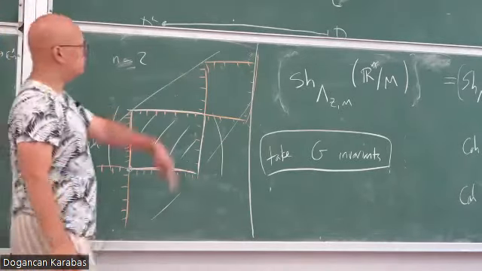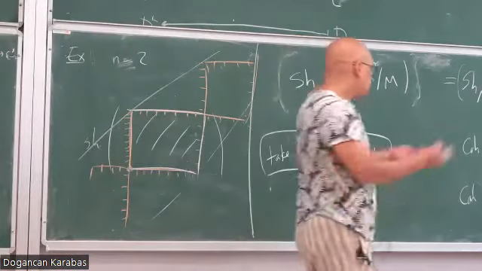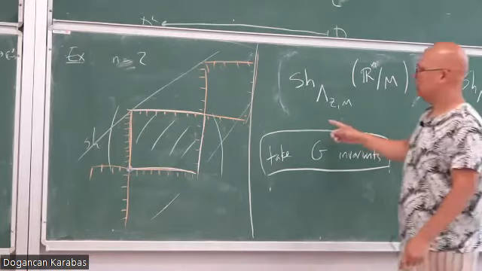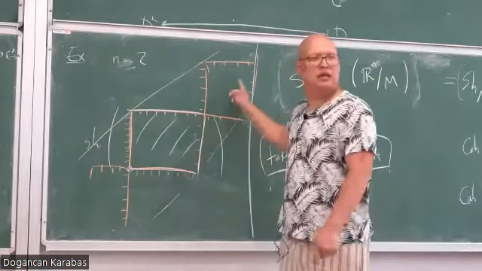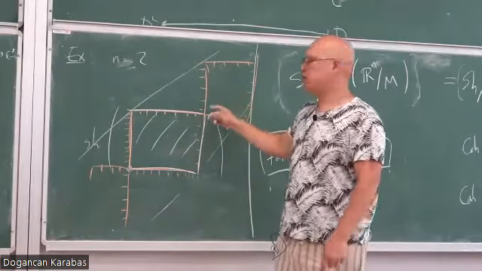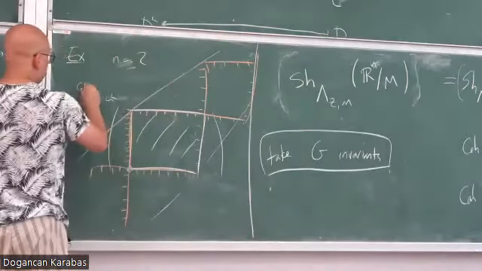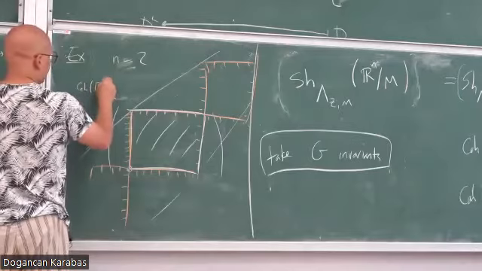And so what I've shown you so far, more or less, okay, there are many details, but what I tried to explain so far is that this is coherent sheaves on P2 or P1.